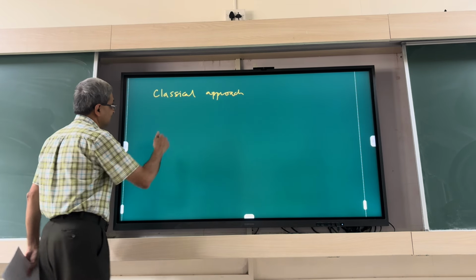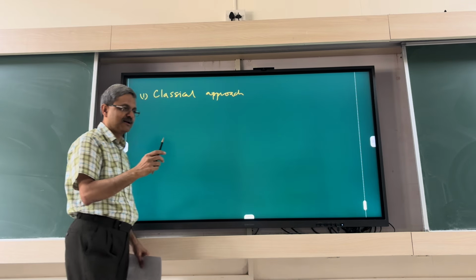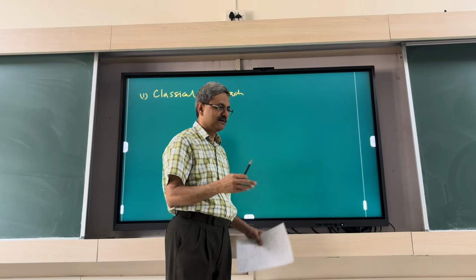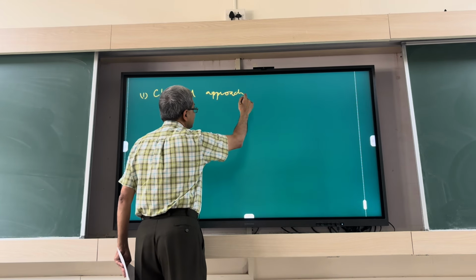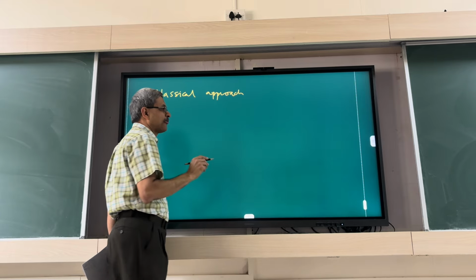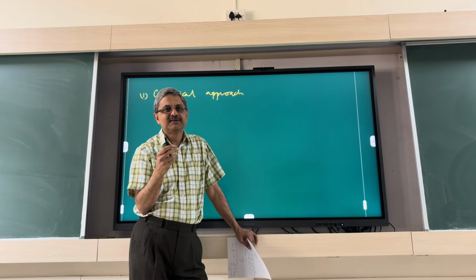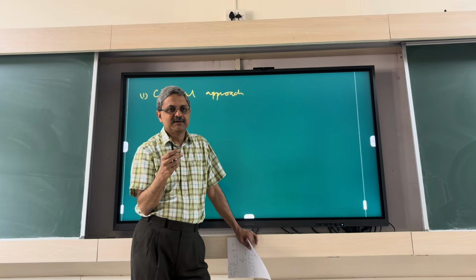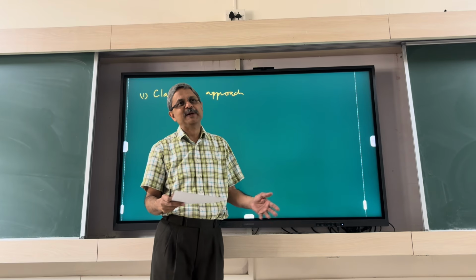So we'll do a classical approach. You put a magnetic moment in a field, then how does it respond? The approach is very straightforward. Quantum mechanically, these moments already have a spin angular momentum.